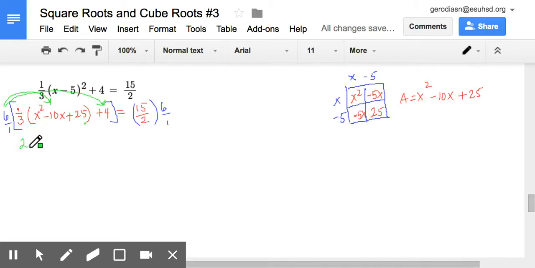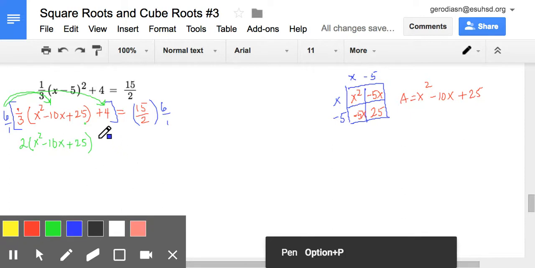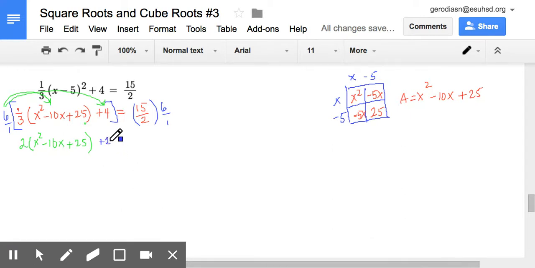That result will be multiplied by x squared minus 10x plus 25. And then we multiply 6 by 4. That's going to give us plus 24.